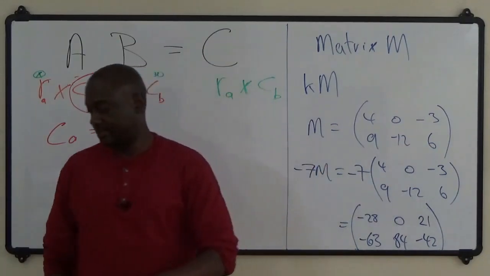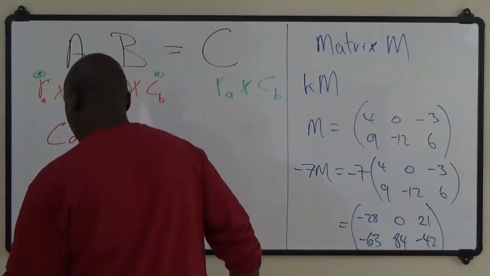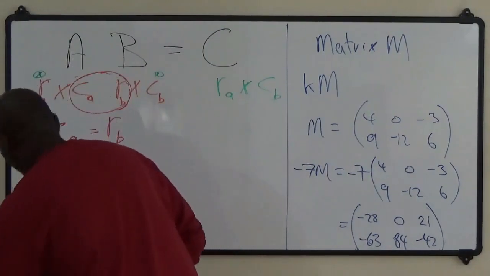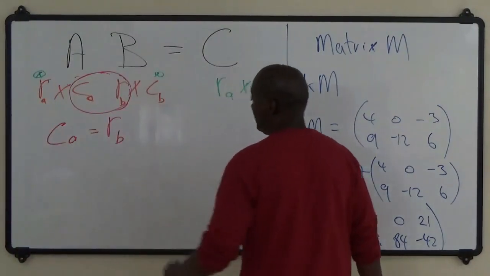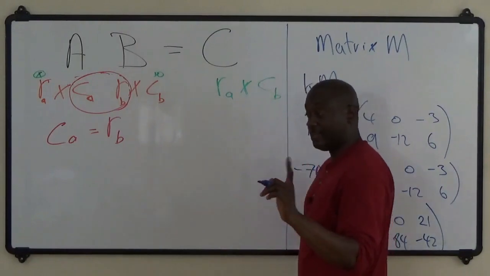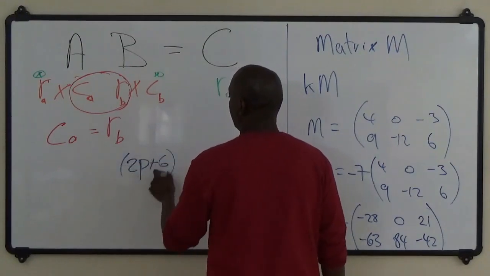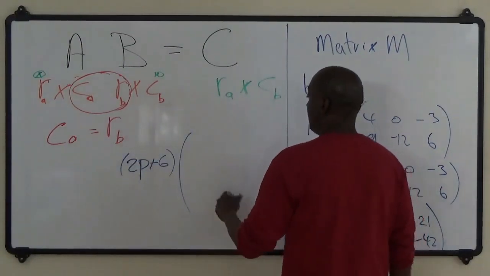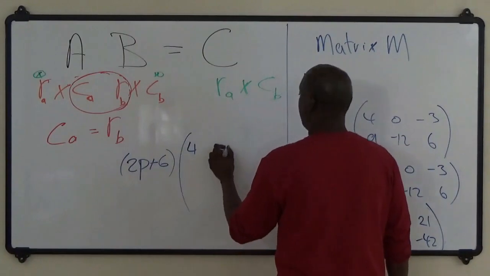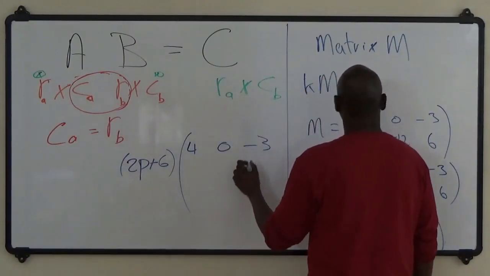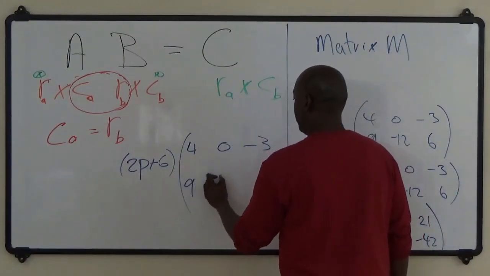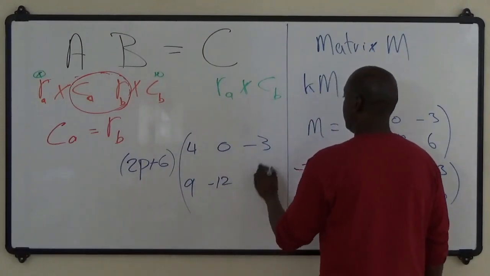For example, you might have a situation where the scalar might look like this: 2p plus 6 as the scalar, multiplied by the same M, 4, 0, minus 3, 9, minus 12, 6.